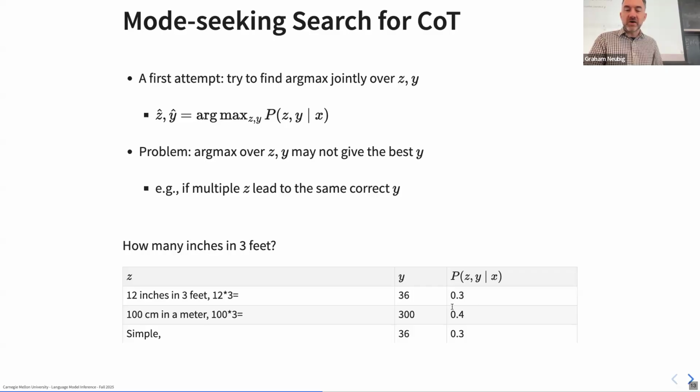Because if you sum all the probabilities that lead to y equals 36, you would get 0.6, where this is 0.4. So there are plenty of situations where just doing this argmax search is not ideal.